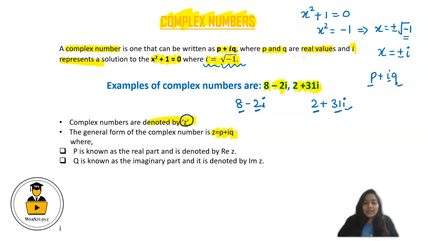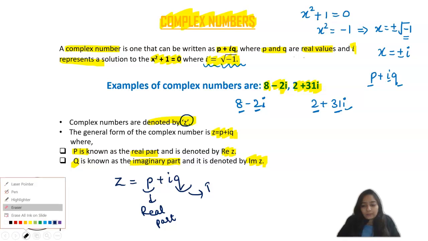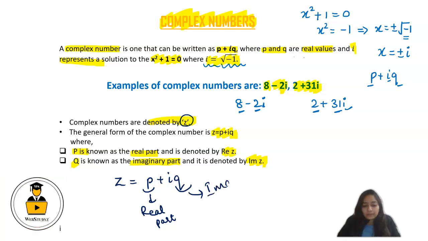Here p is known as the real part and it is denoted by Re Z, and q is known as the imaginary part and it is denoted by Im Z. So if we have a complex number Z equal to p plus iota q, the number without iota, p, is known as the real part of Z, and the number with iota, q, is known as the imaginary part of Z. So we can write the real part as Re Z and the imaginary part as Im Z.